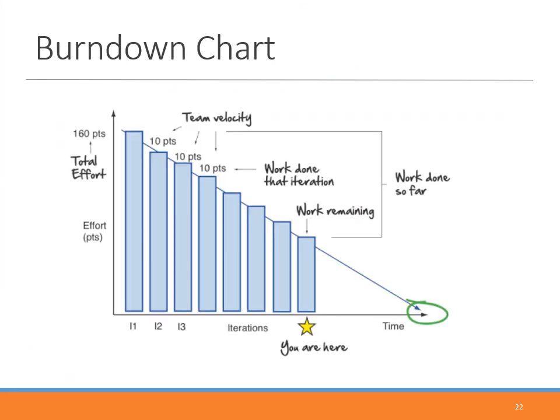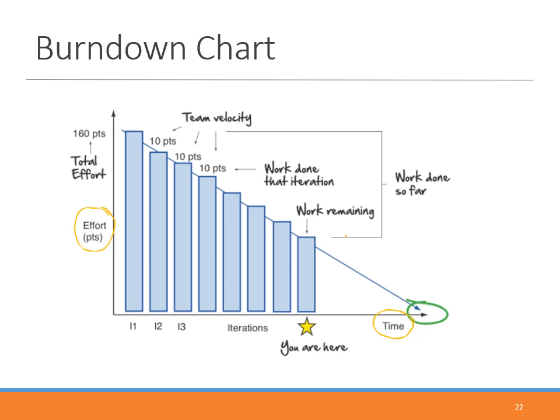From this example, you can see that the vertical axis will show the effort points, while the horizontal axis will show the time. So this is a chart about work remaining versus time.